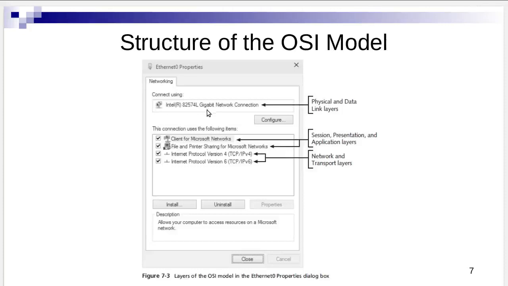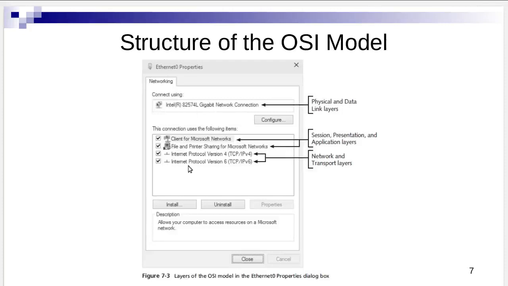So just as with TCP/IP, we looked at how some of these things show up in the properties of, let's say, your Ethernet connection on a Windows machine. You can also look at these as OSI layers. For example, you're going to connect using a device, a NIC, a network interface card. That is the physical and data link layers in OSI.